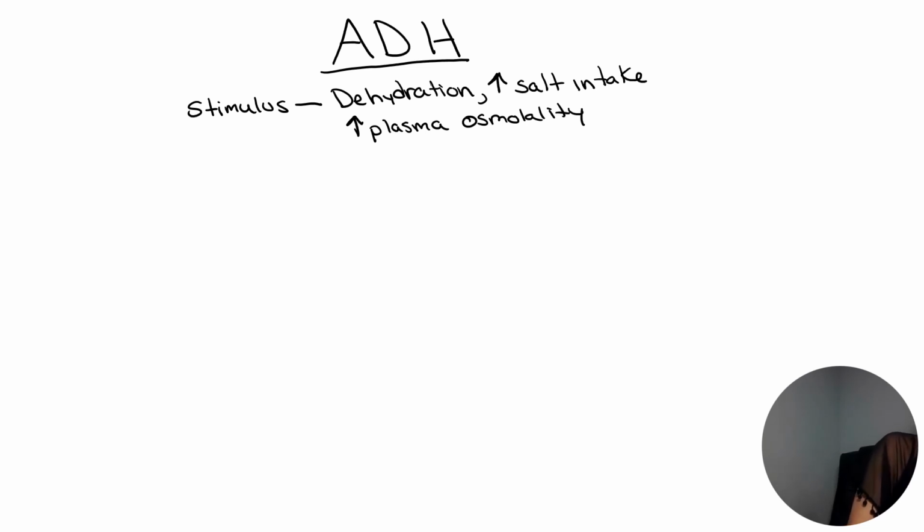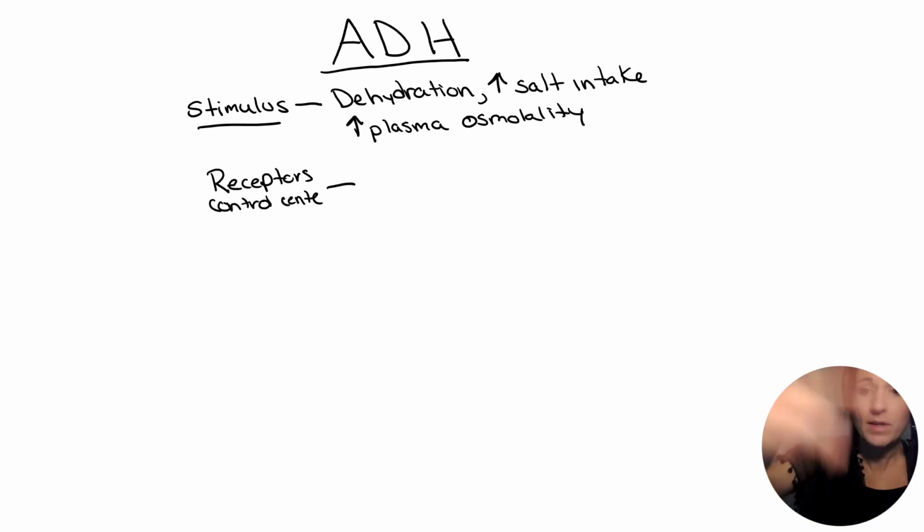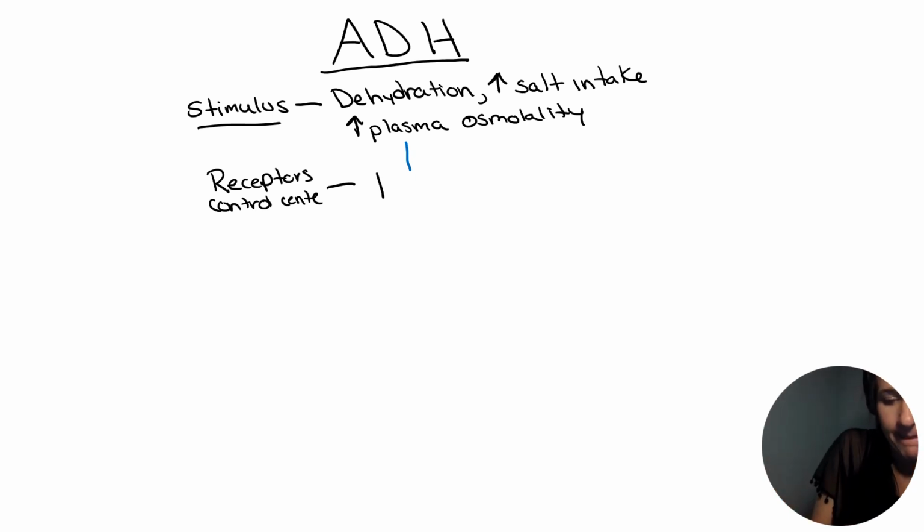Okay, so if we think about the feedback loop, now this is going to be detected by something. So this is detected by receptors in the hypothalamus, our control center.